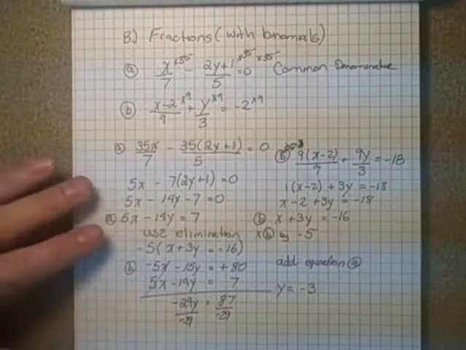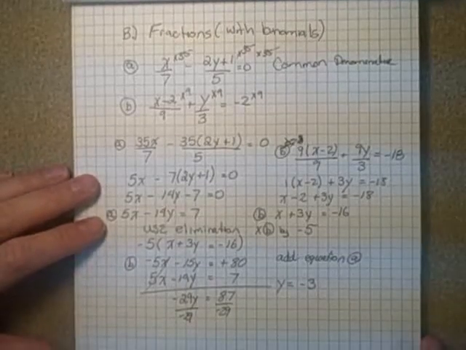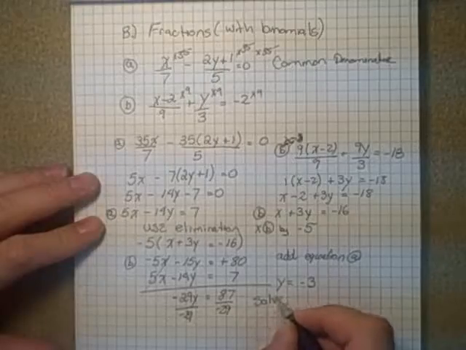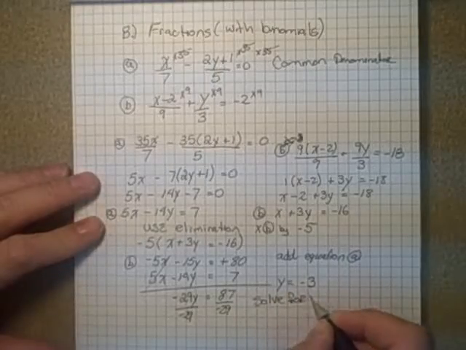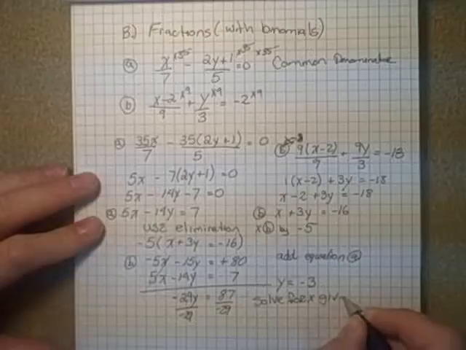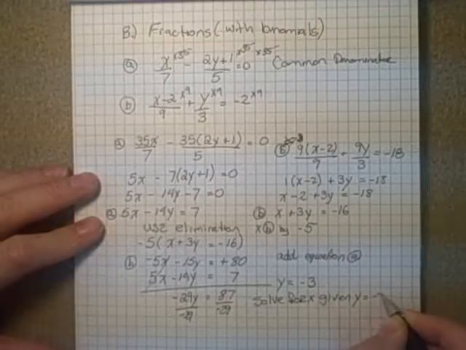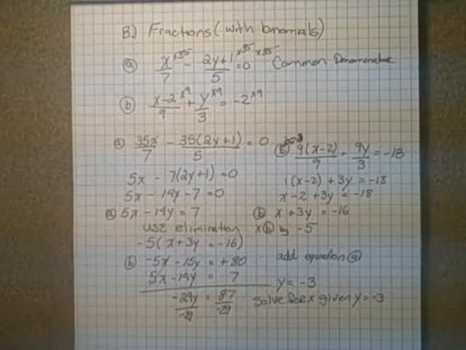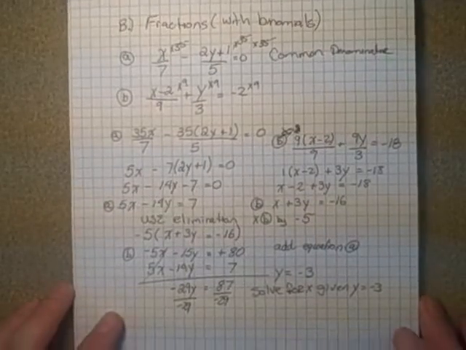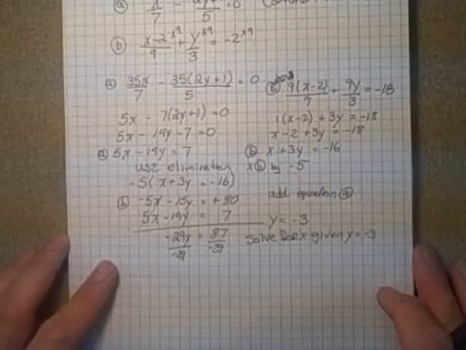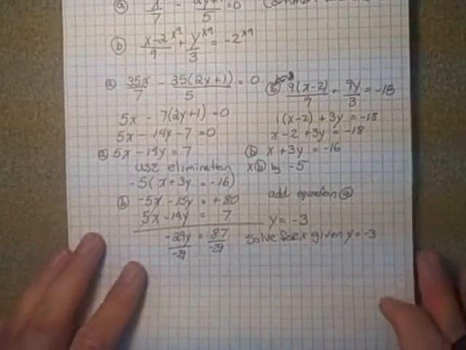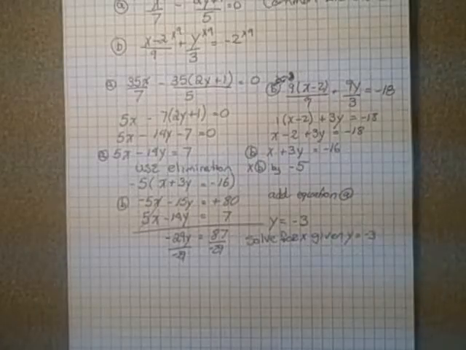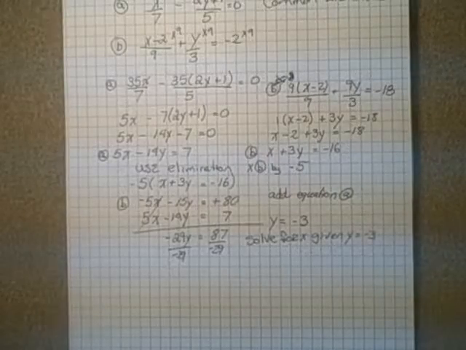So now we have a solution for y. Now we have to find the x. So solve for x, given that we now know y is equal to negative 3. I'm going to move right up here like this so that we can use this bottom space to figure out our x. Our fraction skills are going to come in handy again here.